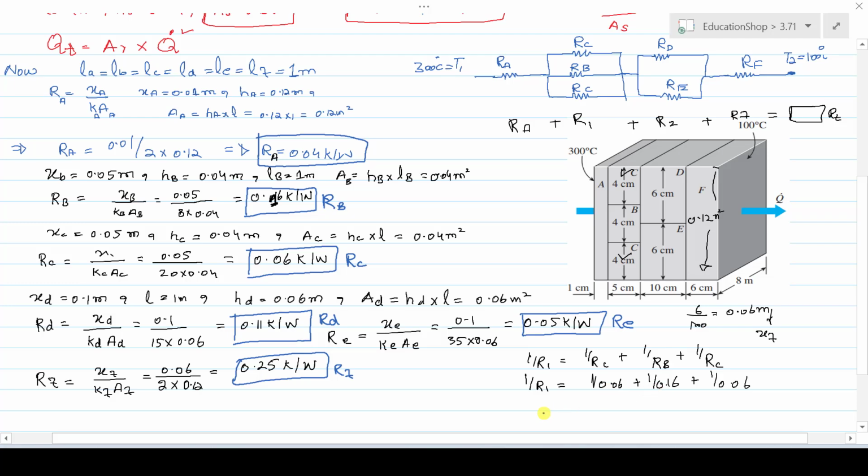Just solve this on the calculator and you will get the equivalent resistance R1 value for these three parallel configurations. Let me solve this on the calculator for you so that you can easily get it.